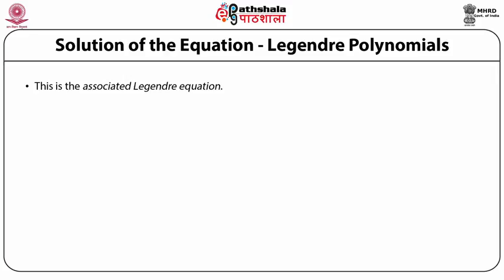In the case of greater interest, m can take only integer values 0, 1, 2 and so on till n.